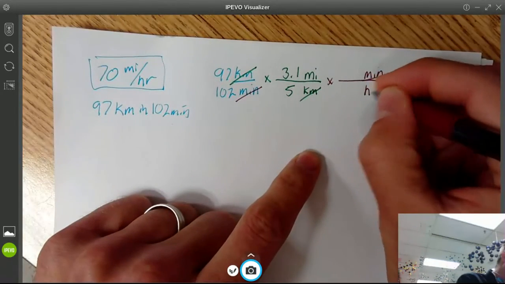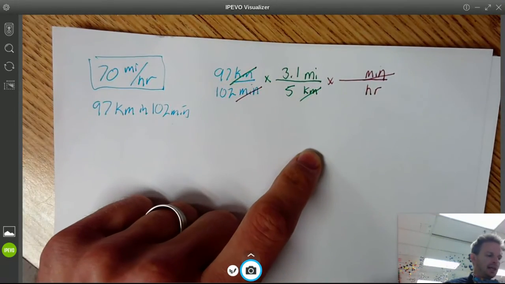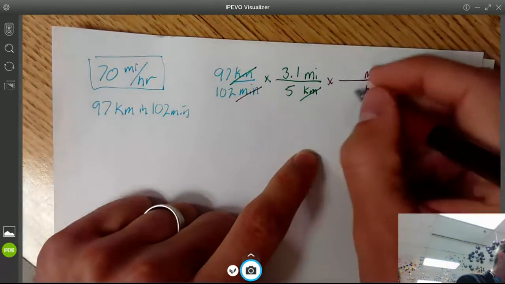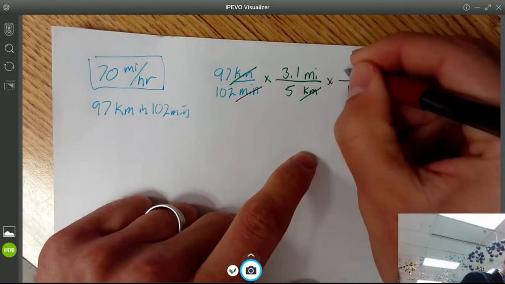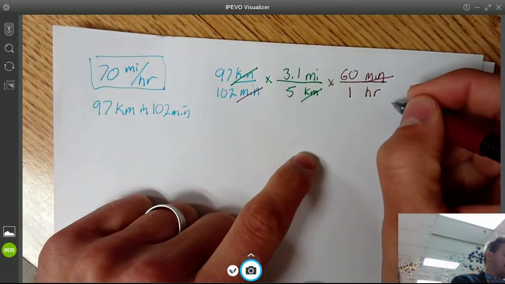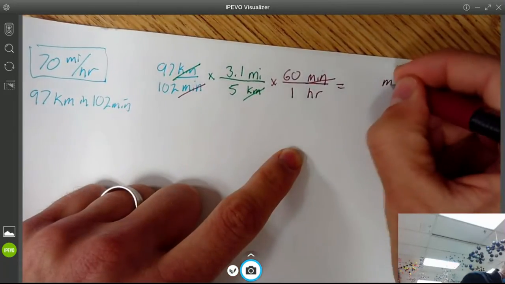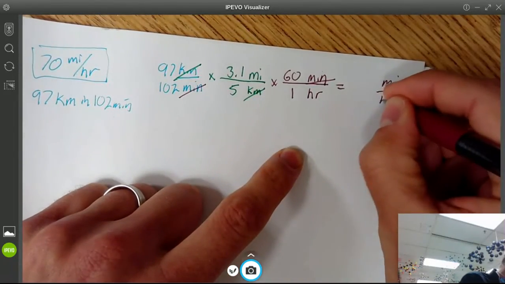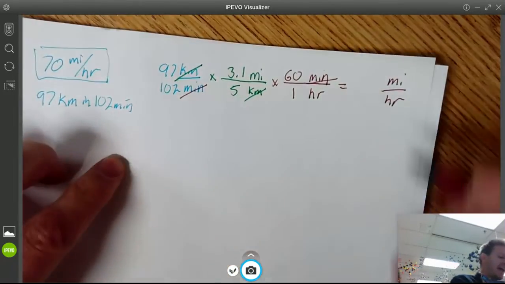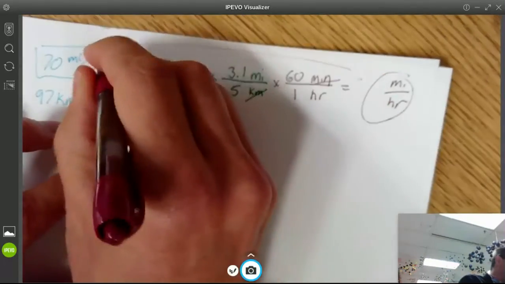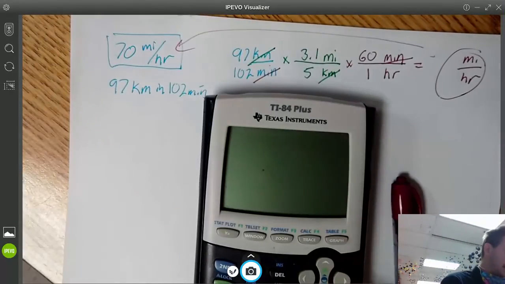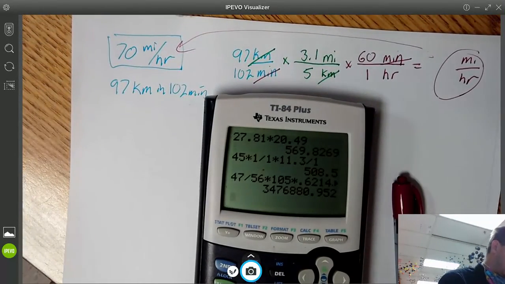And so if I want to get miles per hour, right, I can compare hours and minutes, right? And I know that for every 1 hour, there are 60 minutes. And if I take a look at what I just did, I ended up with miles per hour, which is exactly what I'm trying to compare this to.